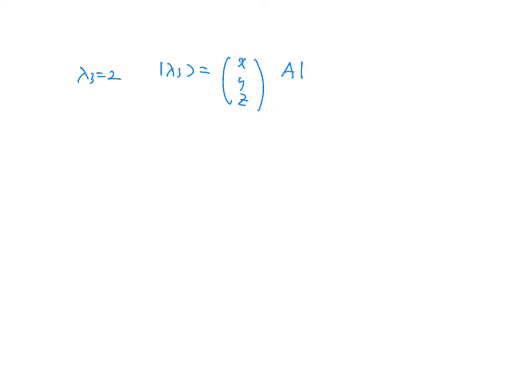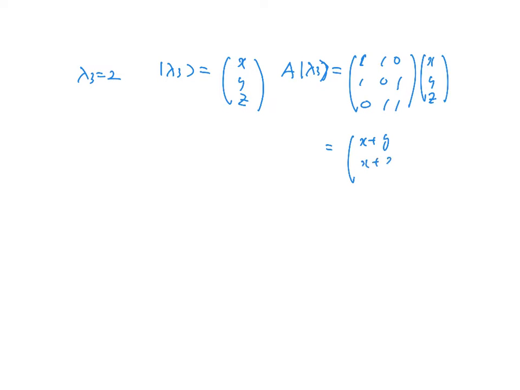A times lambda 3: 1, 1, 0, 1, 0, 1, 0, 1, 1, times x, y, z is x plus y, x plus z, y plus z, is 2 times x, y, z, right?